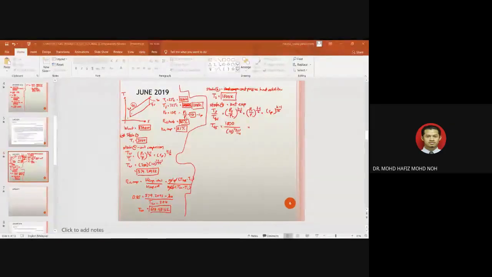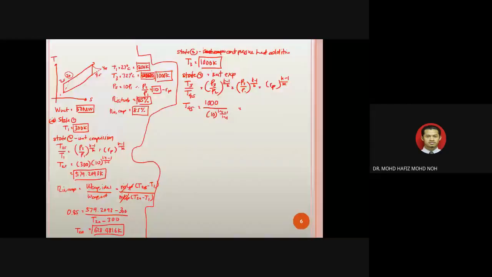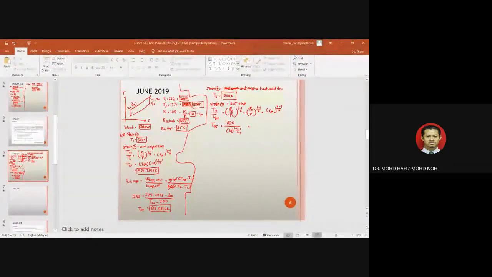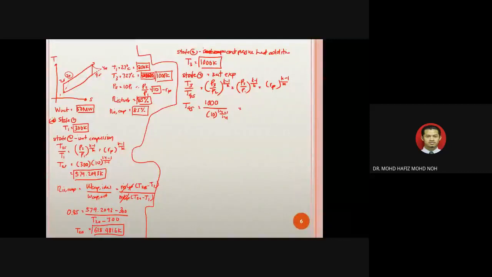So let me check. T4S, this one is 1000 times the pressure ratio of 0.1 raised to the power, so the value of T4S will be 517.9475.